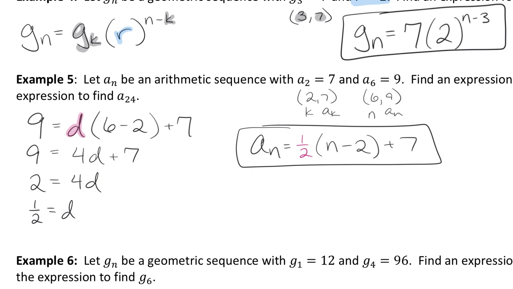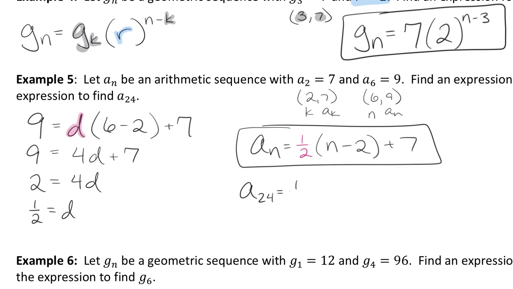So we found the common difference by plugging things in, used the common difference and one of the formulas, the k's, to plug it back into the formula, and now we have an expression. But once we have an expression, we can find a sub 24 super easily.